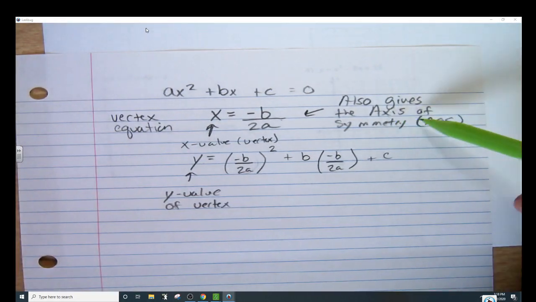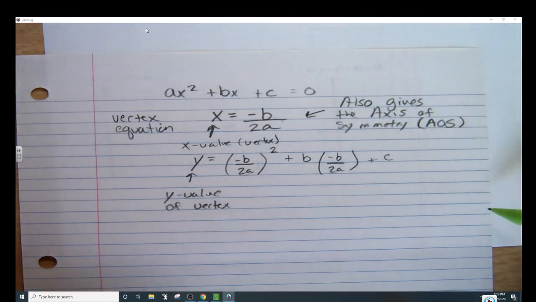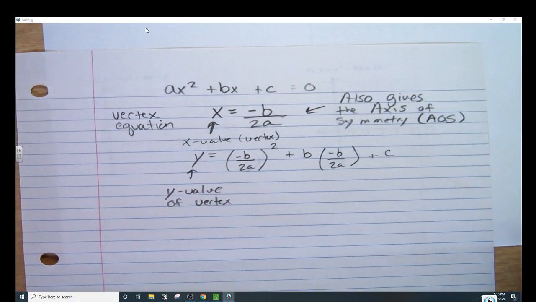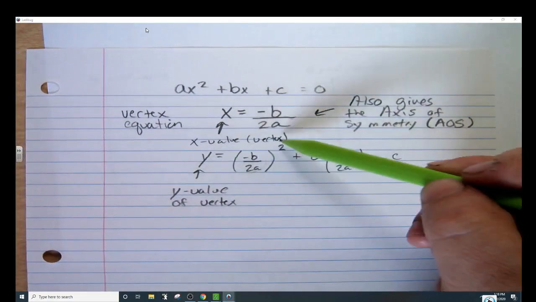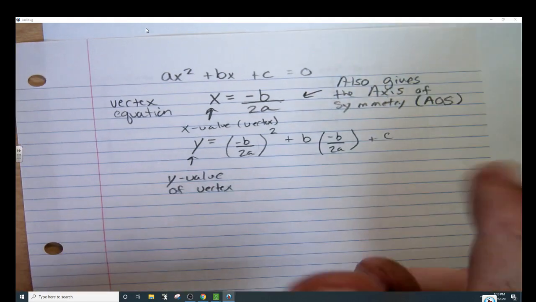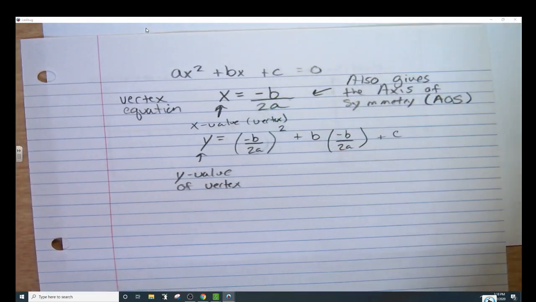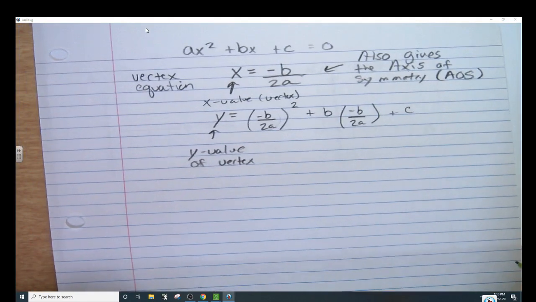That's the abbreviation, or the acronym, for axis of symmetry. So this formula gives you the axis of symmetry and the x value of the vertex. This thing gives you two things. We'll talk more about that.